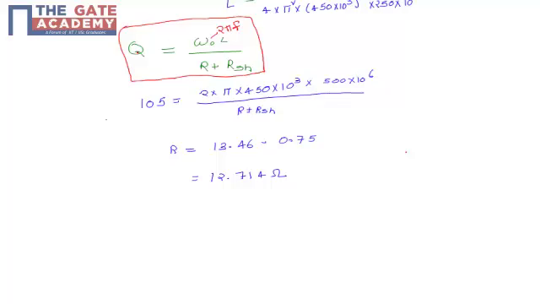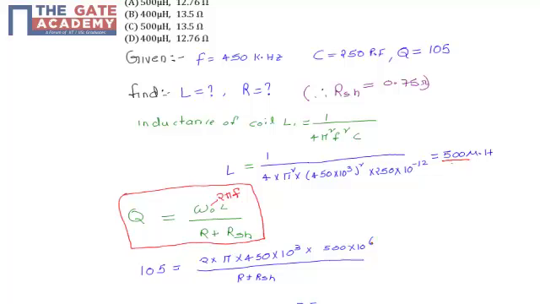We know Q is 105, and omega is 2 pi f, that is 2 pi into 450 kilohertz, into the effective inductance we calculated, 500 microhenry, divided by R plus RSH.